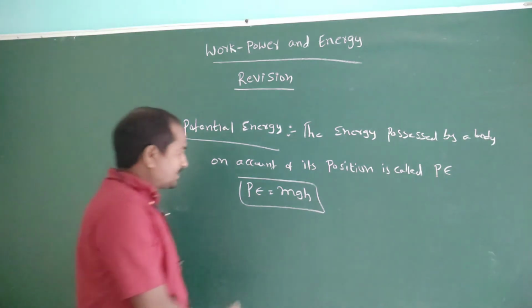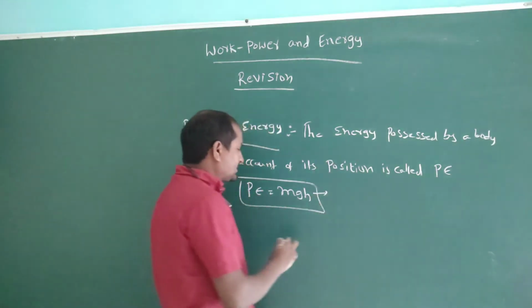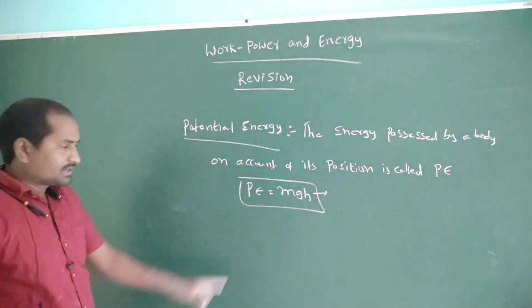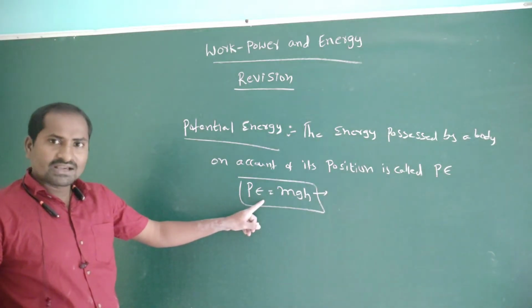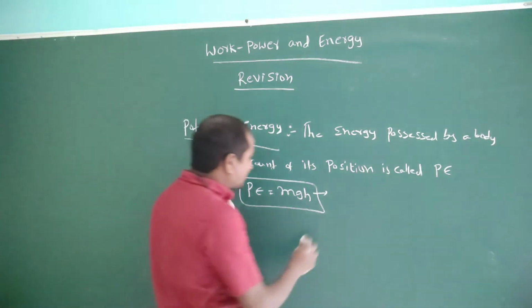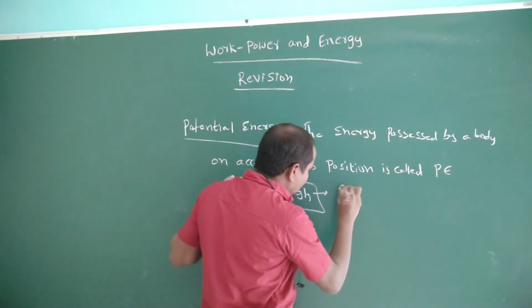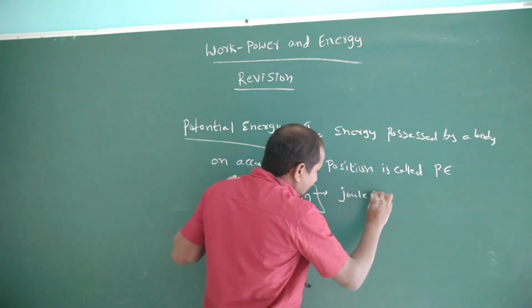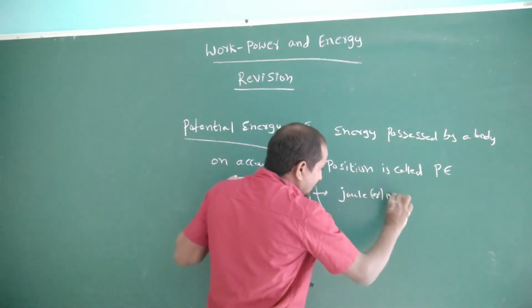So K, P and work done have the same units. K is kinetic energy, P is potential energy. So units are the same for K and P also, that is joule in SI or Newton meter.